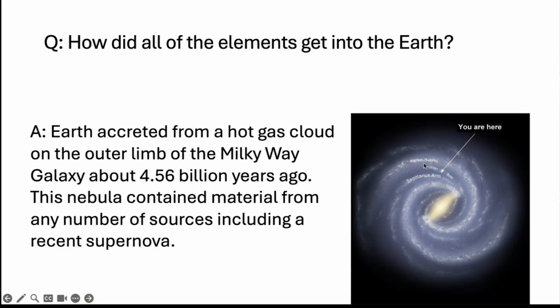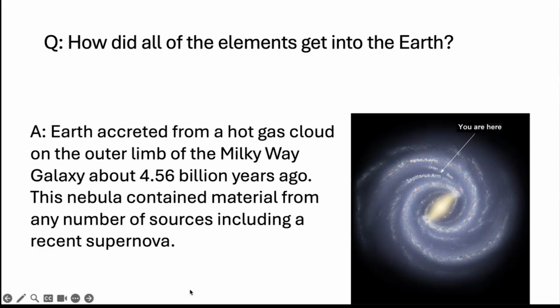All right, so how did all the elements, however they formed, get to the Earth? Earth accreted from a hot gas cloud on the outer limb of the Milky Way about 4.5 billion years ago, and this hot gas cloud is the nebula. This nebula contained material from any number of sources, including a recent supernova.